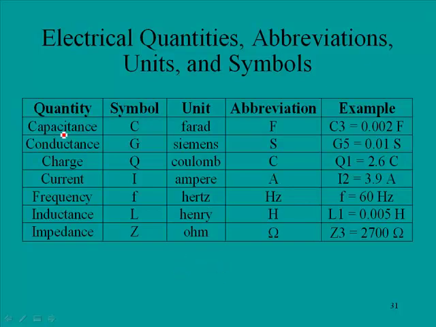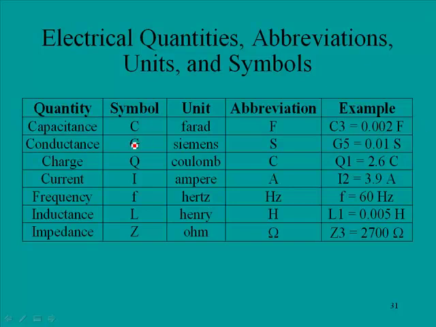For example, capacitance. The symbol for capacitance is C. The unit of measure is the farad, and the abbreviation for farad is F. So if you're looking at electrical schematics, you might see C3. This would probably indicate a specific capacitor, and the value of that capacitor would be 0.002 farads.